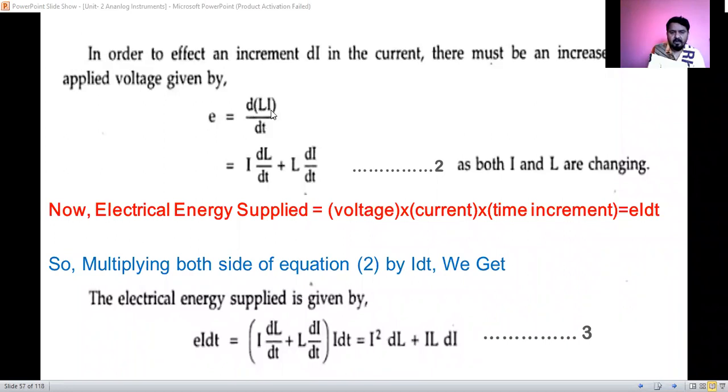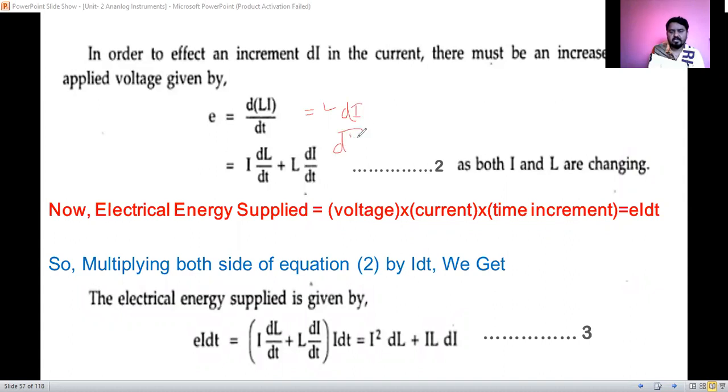So d(Li)/dt we are considering here, with respect to time the voltage changes. The actual formula is the inductance, E equal to L di/dt. We have studied this in the magnetic circuit already in the first year, L di/dt.